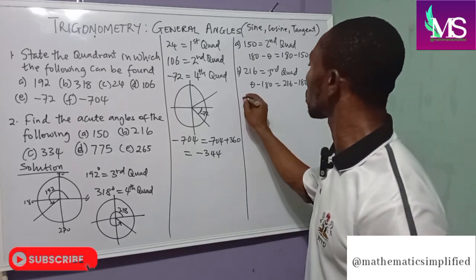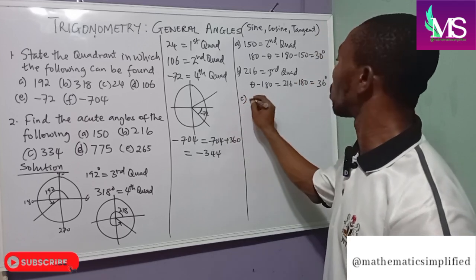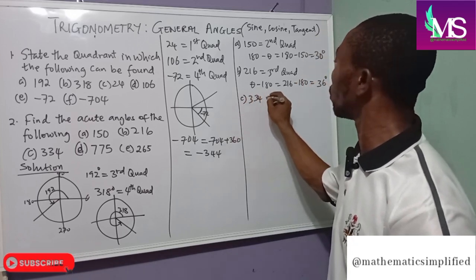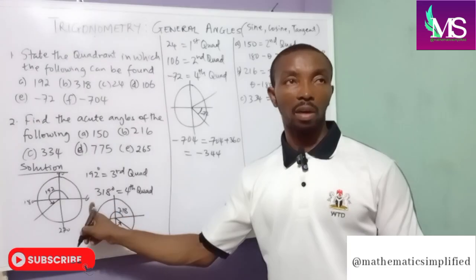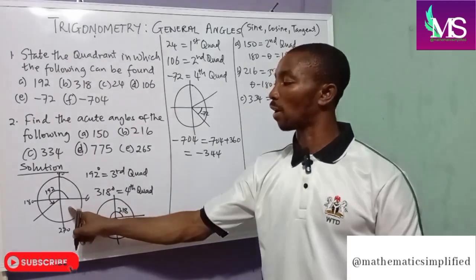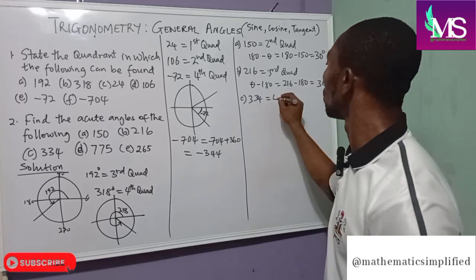Alright, so for C, that says 334 degrees. We know that 334 is greater than 270 but less than 360, so it will lie in the fourth quadrant.